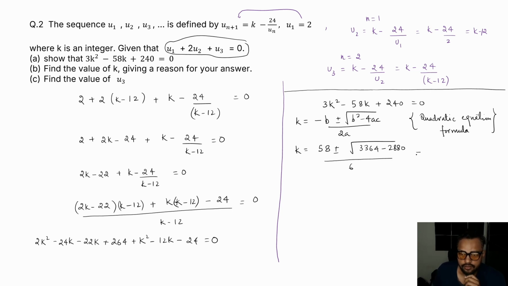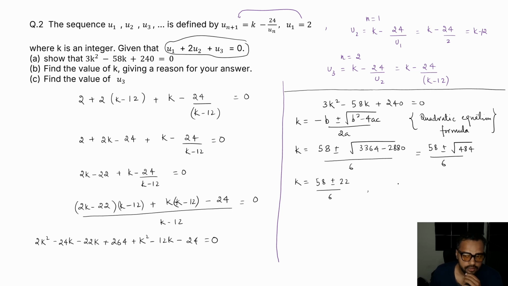So we are getting 58 plus minus the root of 484 on 6. We know the root of 484 is 22. So k here we are getting as 58 plus minus 22 upon 6.